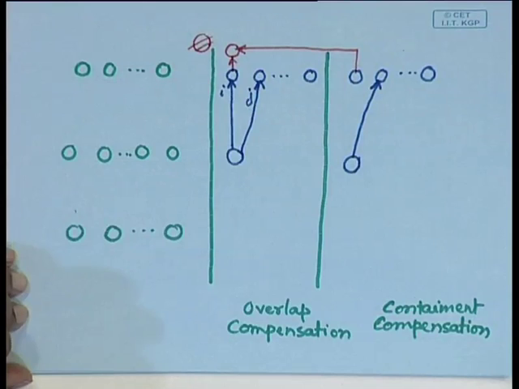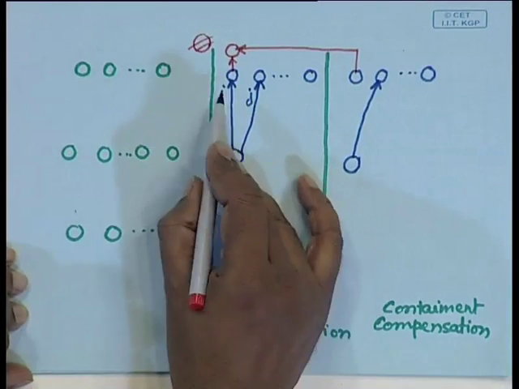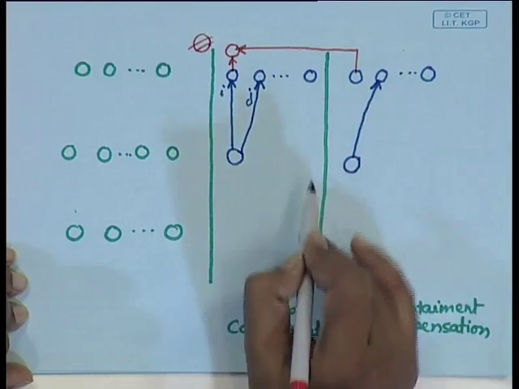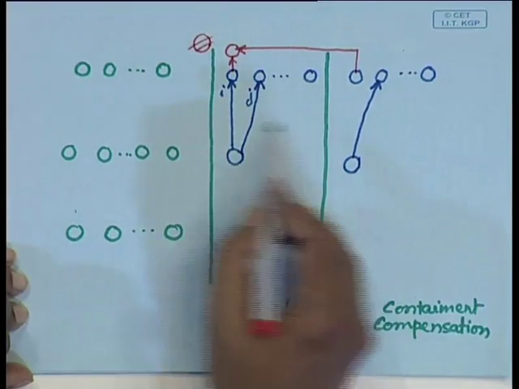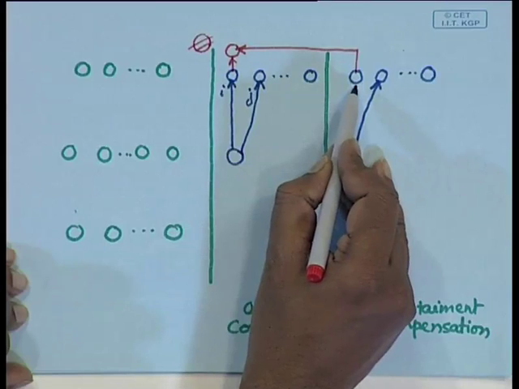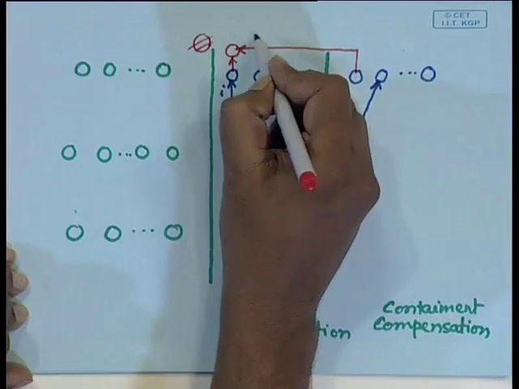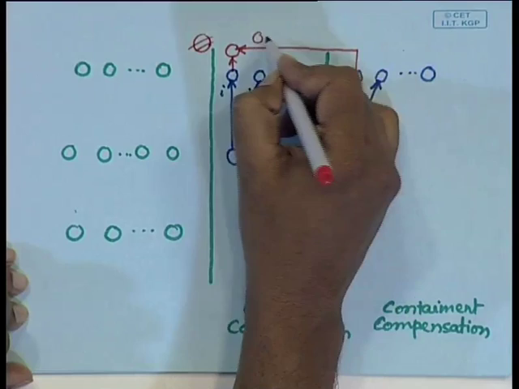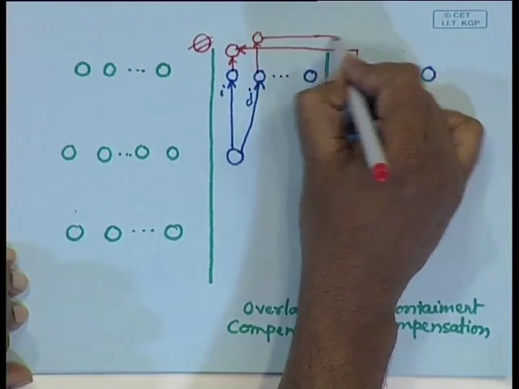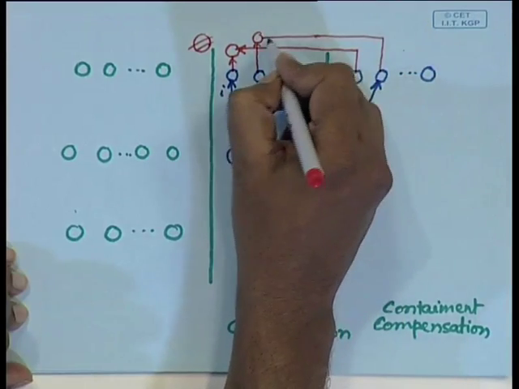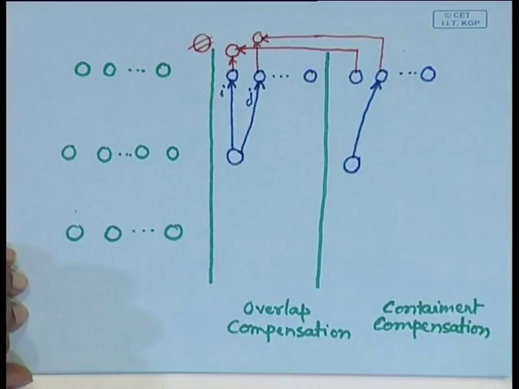So, these are outputs of the output layer neurons of the compensation sections belonging to the same class. Okay. So, this is class C1, this is class C1, you combine these two. Similarly, class C2, class C2, you combine these two. Okay.